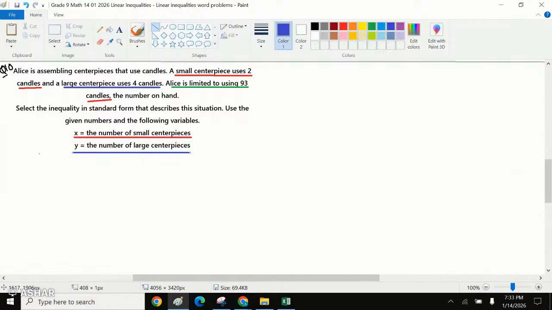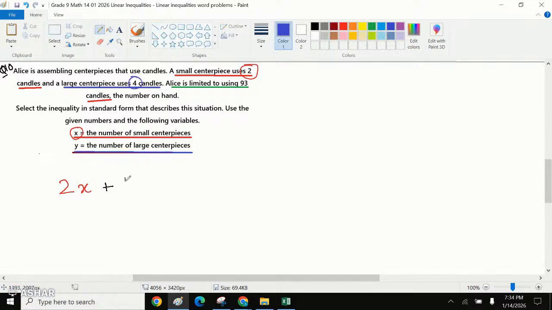So if we know how many centerpieces she is making, then we already know the number of candles that would be required, right? If she needed two candles for making each X, we can say 2X plus, what was that? 4Y. Agreed?